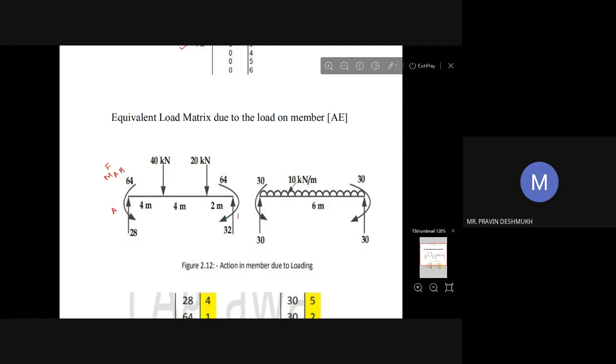Give this as A, B, B, C. This is fixed end moment AB, fixed end moment BA. I have separated the two members. This is fixed end moment BC and this is fixed end moment CB. This is reaction RA, RB, B is common, and RC. So fixed end moment AB.